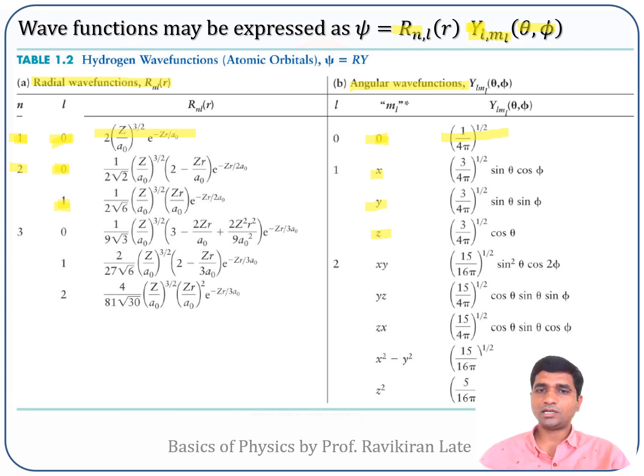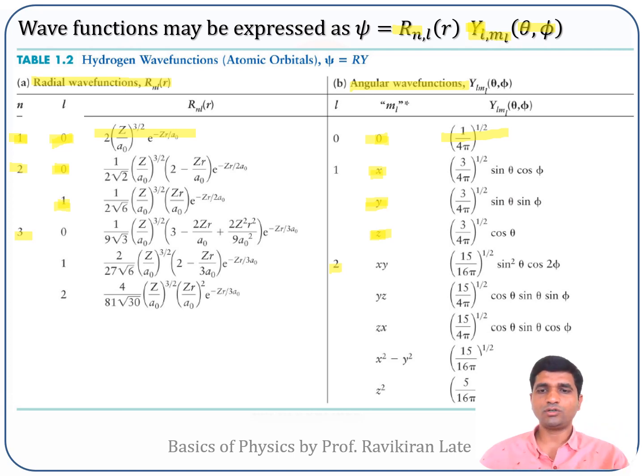That is nothing but the px, py and pz orbitals, which we used in our lower classes or high school physics. So you can calculate the different wave functions considering the radial and the angular wave function.